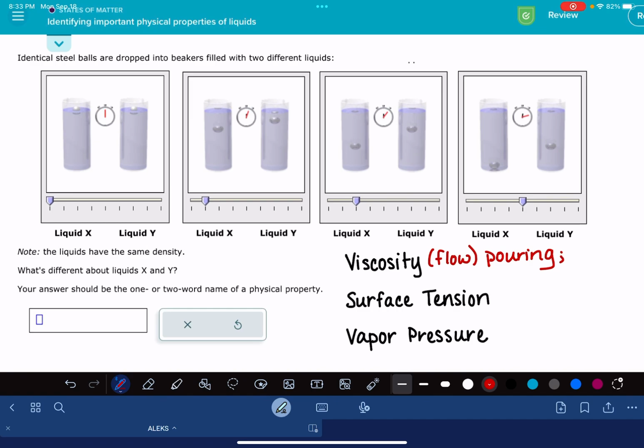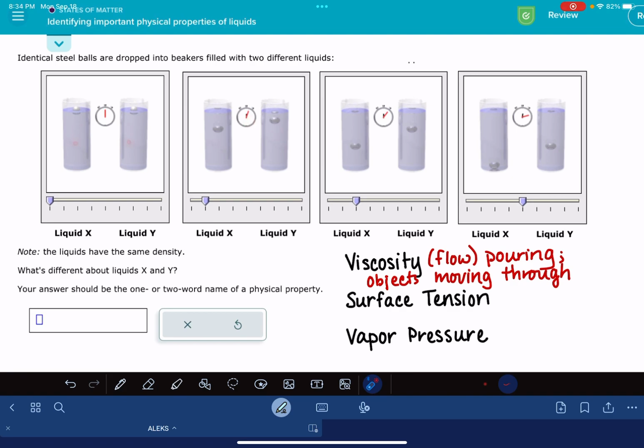And you could also see, like in my case, objects moving through that liquid. In my problem, I've got ball bearings or something that are moving through the liquid over a period of time.